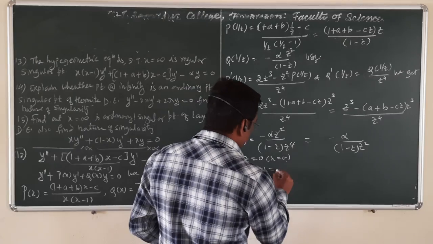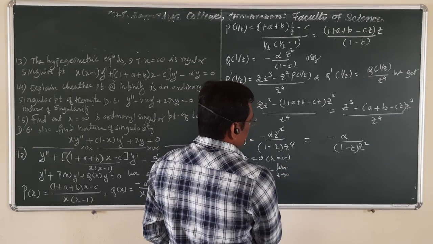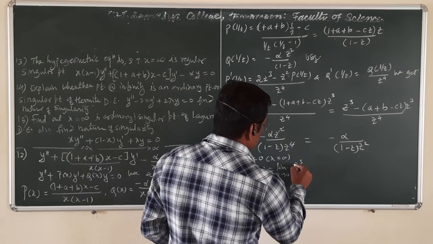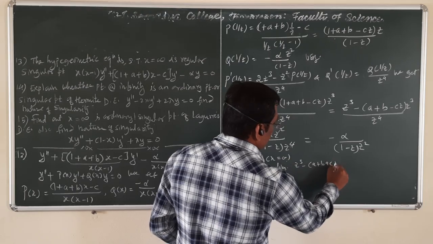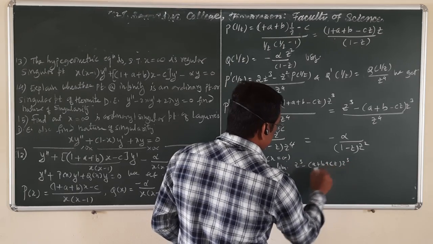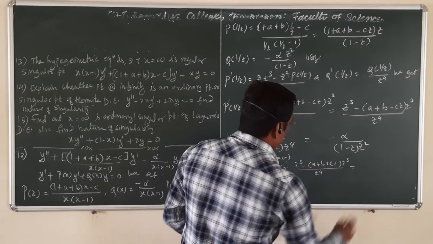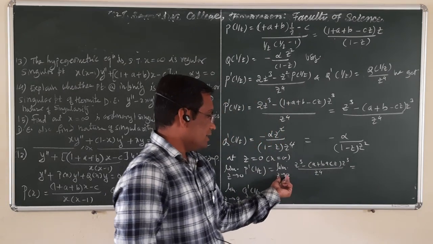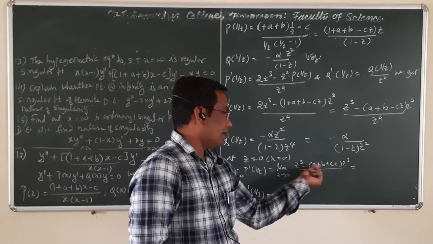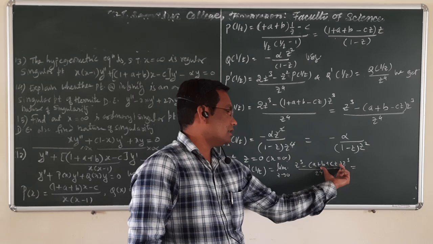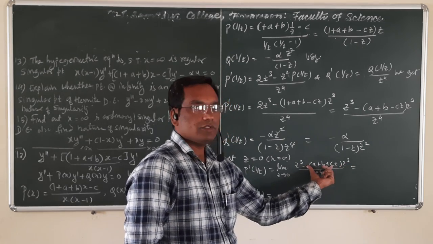So this limit becomes limit as z tends to 0, p dash, which is z cube minus (a plus b plus cz) multiplied by z cube divided by z raised to 4. Now if you put the value z equal to 0 in this equation, the term z cube becomes 0, so the whole numerator becomes 0.